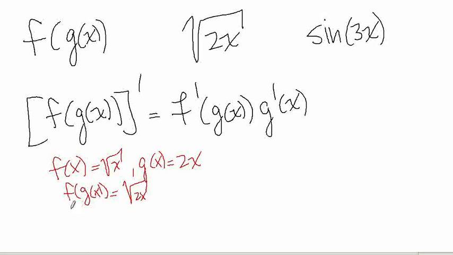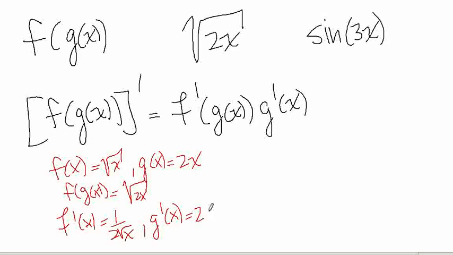Now you forget about the composition for a second and find the derivative of f and g with respect to x. So f prime of x is 1 over 2 root x, or however you want to write it. g prime of x is 2.